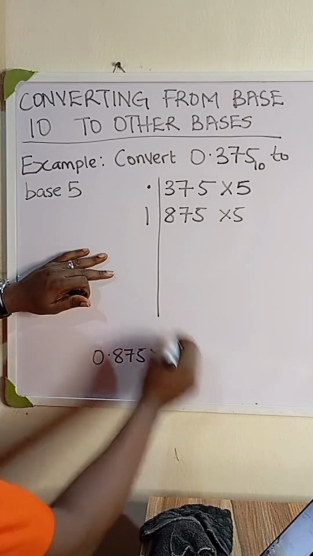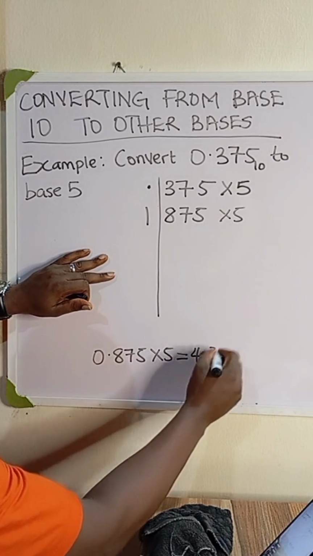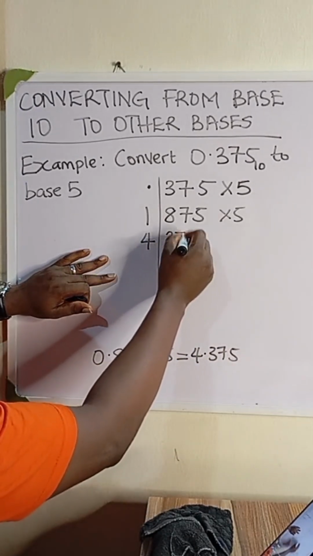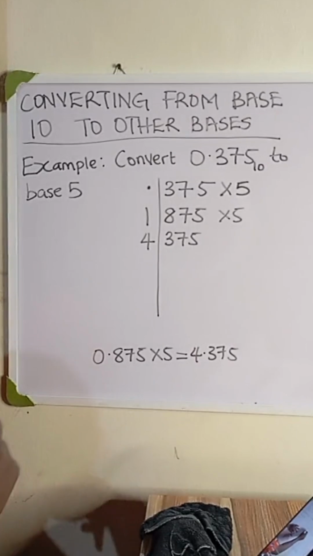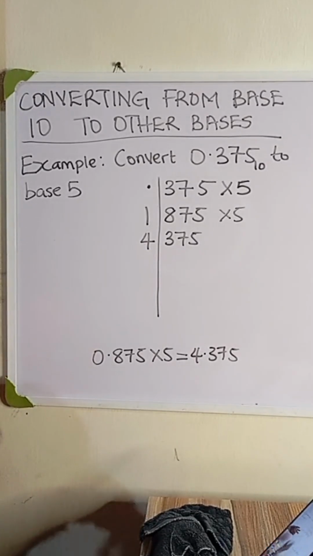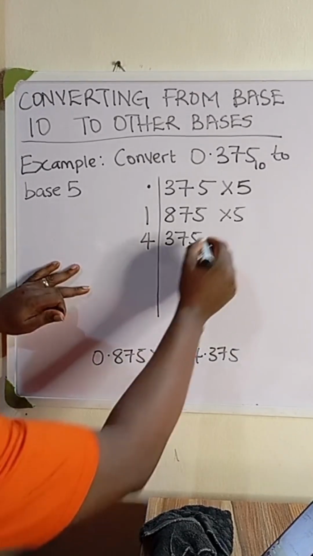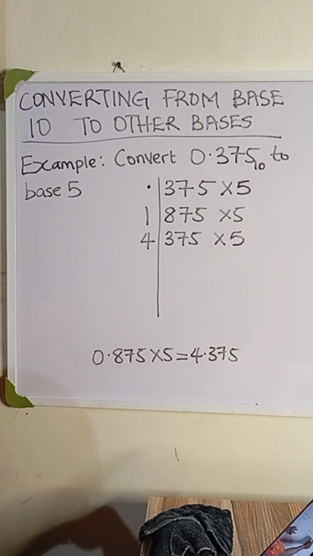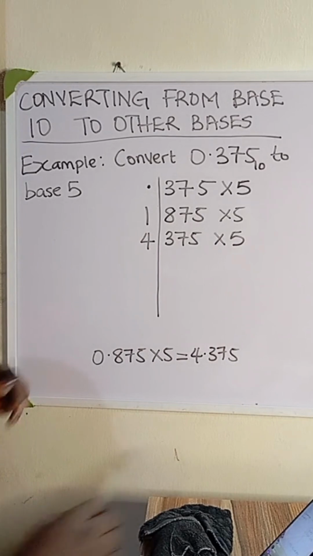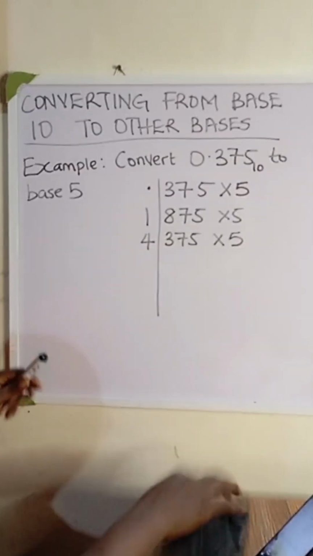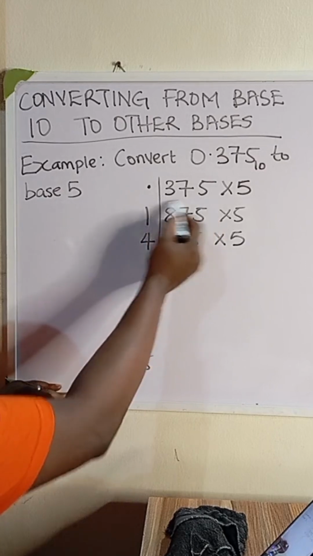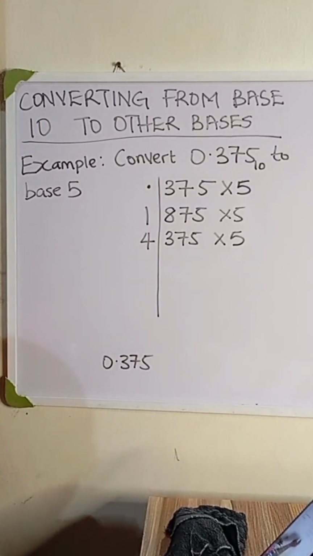So we write 4 here, and we write 375 over here. If you multiply again by 5, we observe something here. We're going to have a recurring decimal, because we're going to write 0.375, which was what we started with, right?